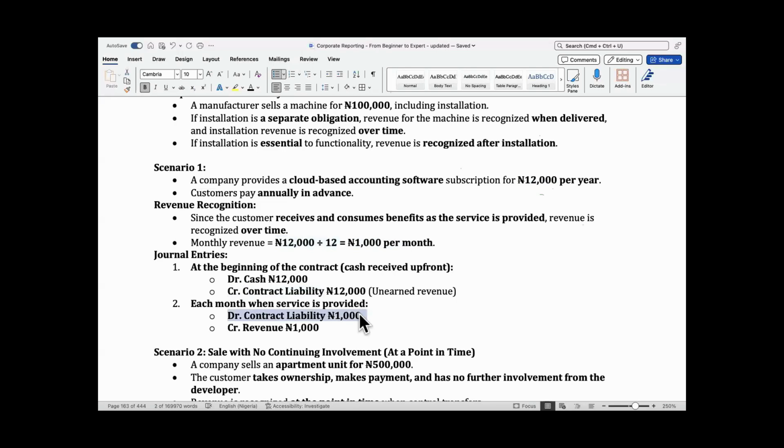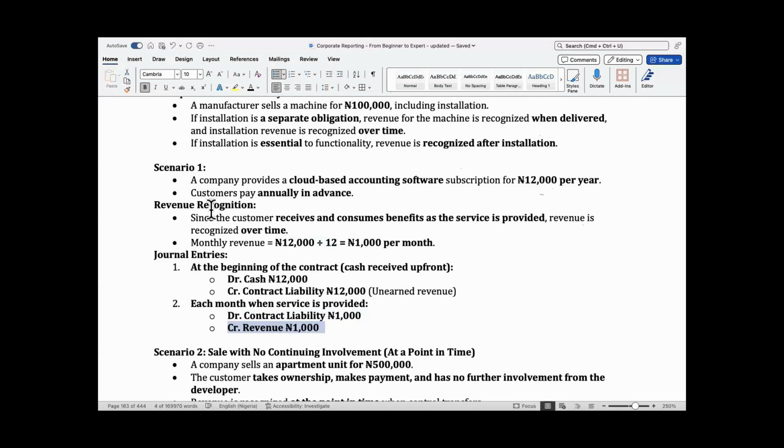You have to know this. This is essential. Every time we go to a client's office, we find out that they are recognizing revenue for services they have not offered. It is unacceptable.